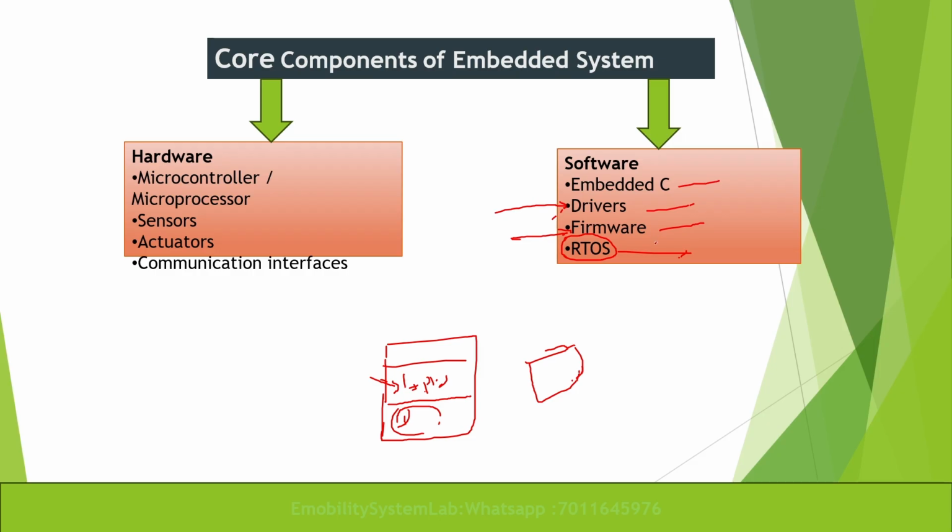All four things you should know when you want to get a job in embedded systems. You have to be a master in embedded C, in drivers, and in firmware writing and FreeRTOS as well. These are highly in-demand skills.